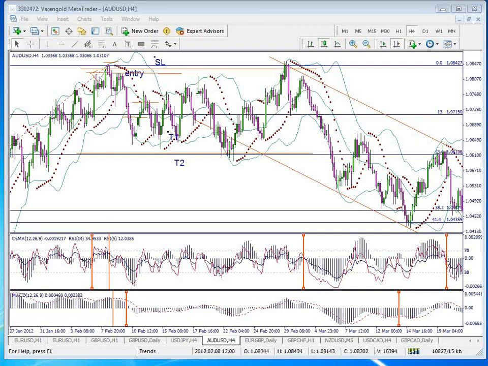I will look just for sell signals. So the next one is the sell signal on 4-hour, and I go into a trade. I have the signal, I have two confirmations. Here I just have to put the stop loss and go into the trade. It's okay.